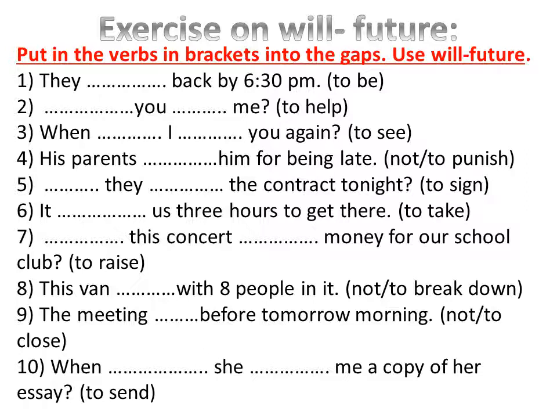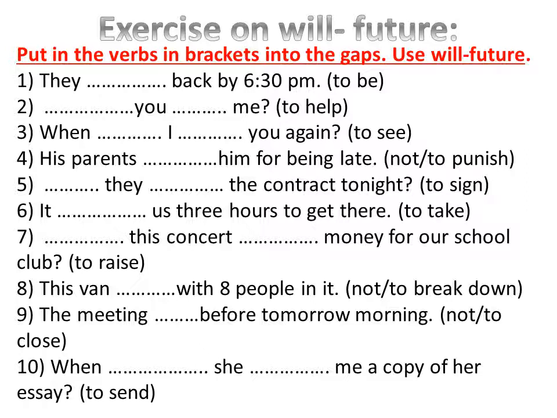Number 8. We use will to give an order or state our wishes. For example, will you turn on the lights? Number 9. We use will to express an action of necessity in the future.